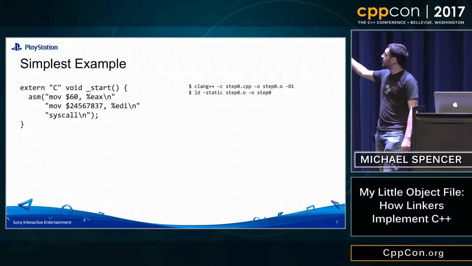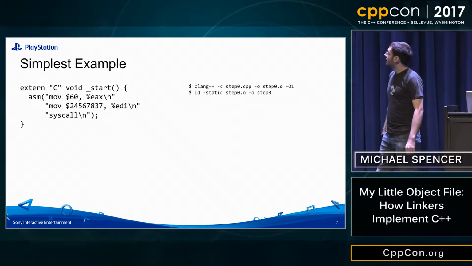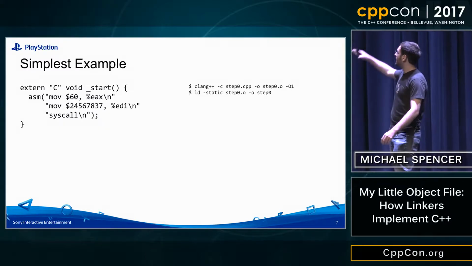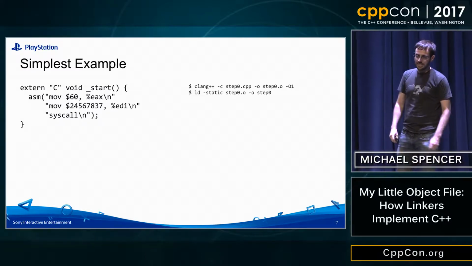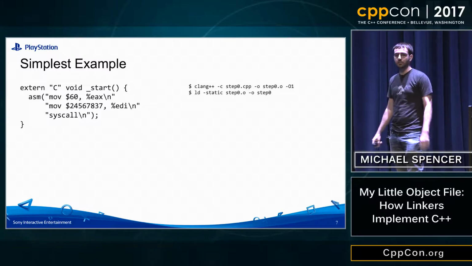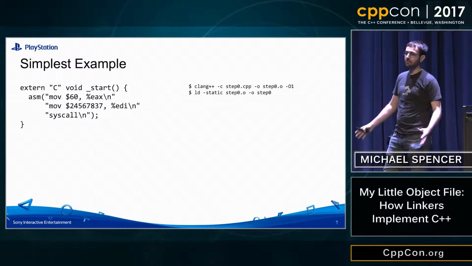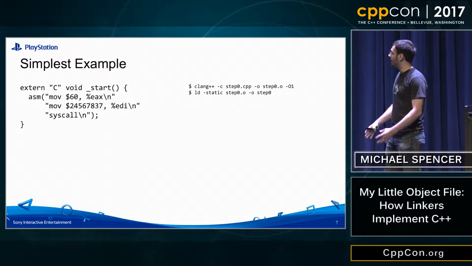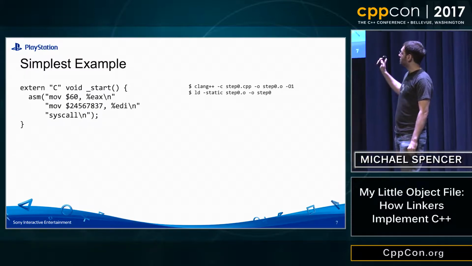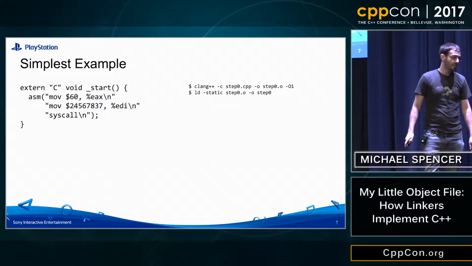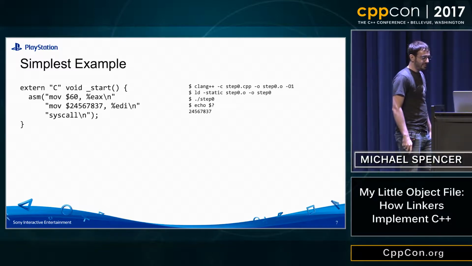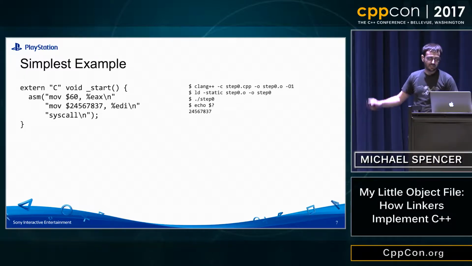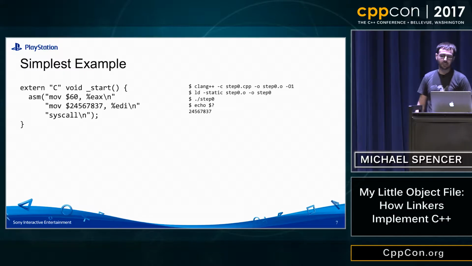And this is the whole link step for this example. If you actually look at a link, like if you pass -v to Clang on a normal build, your link line will be 1,000 bytes long or longer. It's including all of the standard libraries, all the search paths, everything that's needed. Here, we're just linking just this file. We can run it and echo the return value, and it's what we asked for.